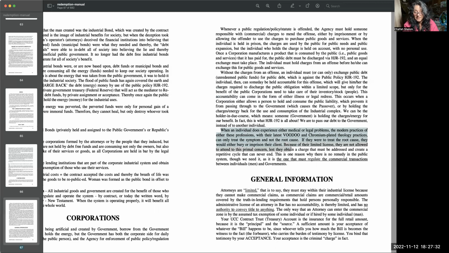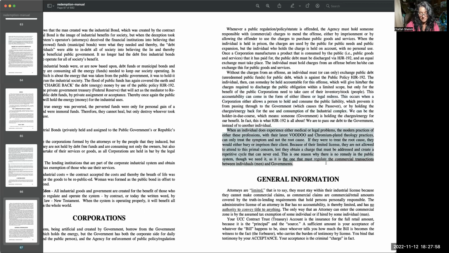Because of their limited license, they are not allowed to attend to this primal concern, lest they obtain a charge that must be addressed and create a repetitive cycle that can never end. This is one reason why there's no remedy in the public system. Though we need it. And it is the one that must regulate the commercial transactions between individuals, men and governments.